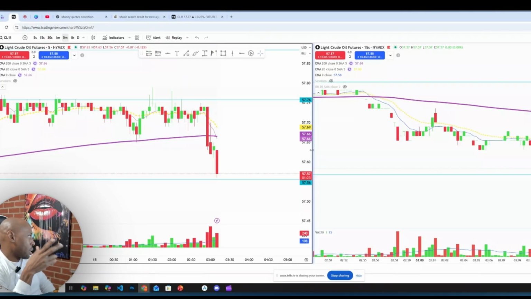But I'm sticking to a 1 to 3.5, 1 to 4, anywhere from a 1 to 3 to a 1 to 4. I'm not exactly sure just yet, and then take what that gives me, as opposed to trying to hit a home run and go from like a 1 to 6 or something like that.